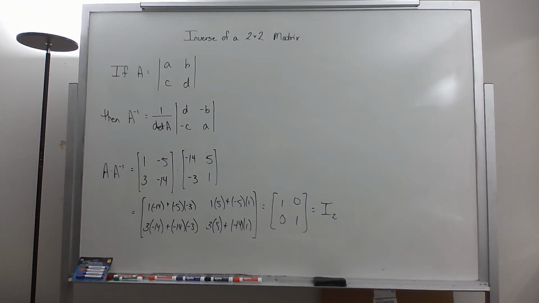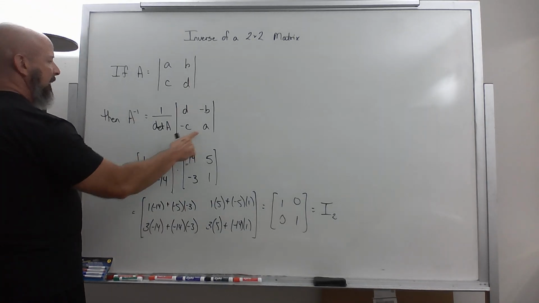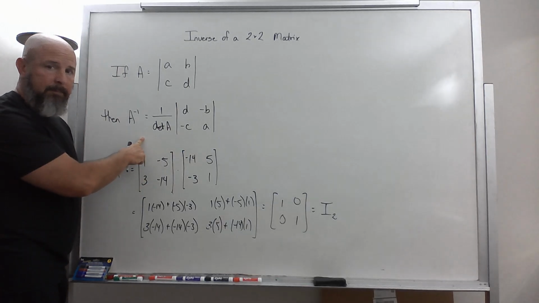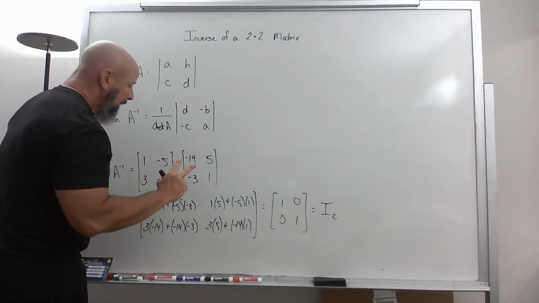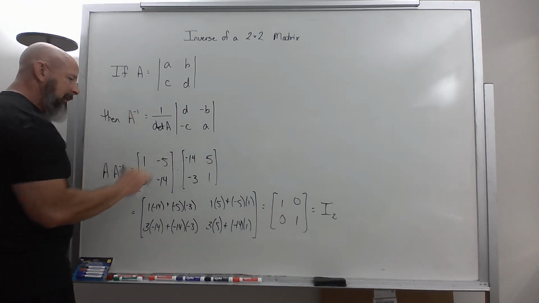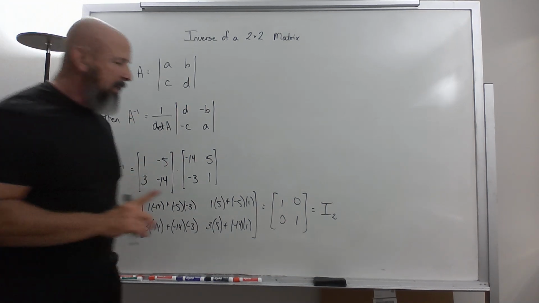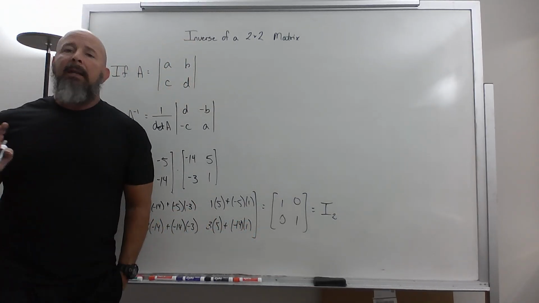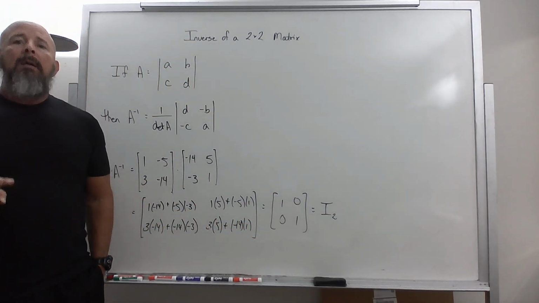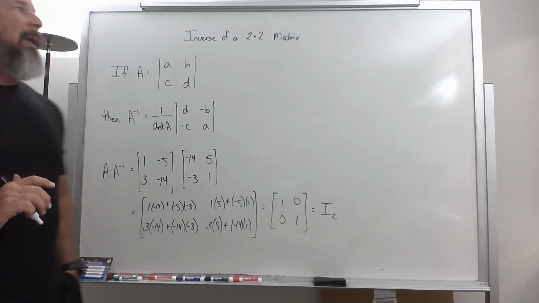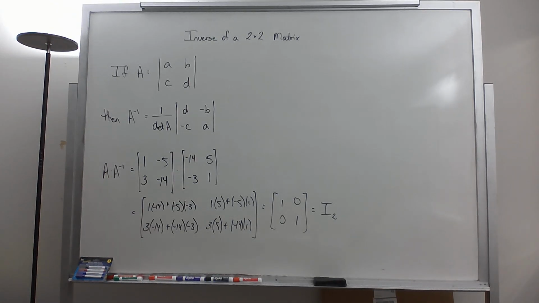So the important thing is 2 pieces. 1, I need to know this formula for finding the inverse of a 2 by 2. 2, I need to realize that if I multiply the original by its inverse, I will get the identity matrix. Now let's apply that in using an inverse to solve a system, a 2 by 2 system.